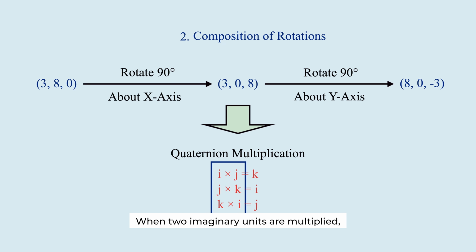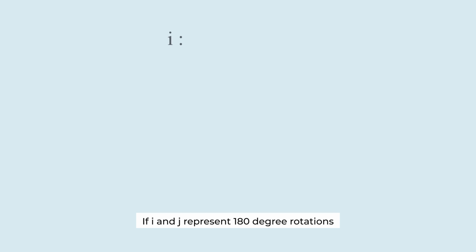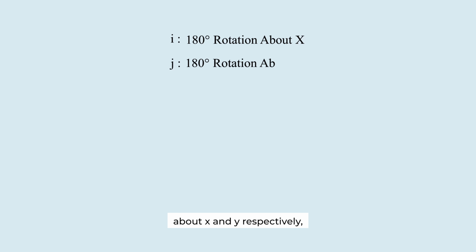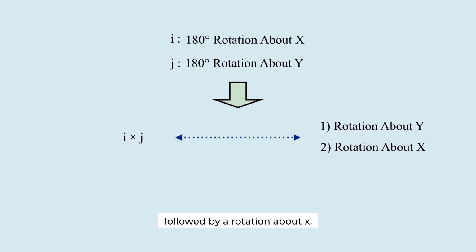When 2 imaginary units are multiplied, a third one is produced. i and j represent 180-degree rotations about x and y respectively. Then, the product ij represents a rotation about y, followed by a rotation about x.